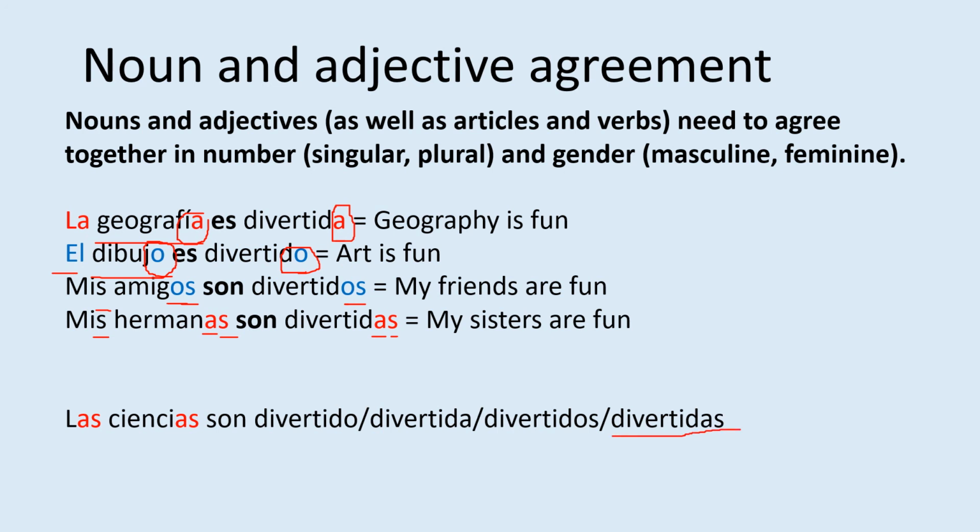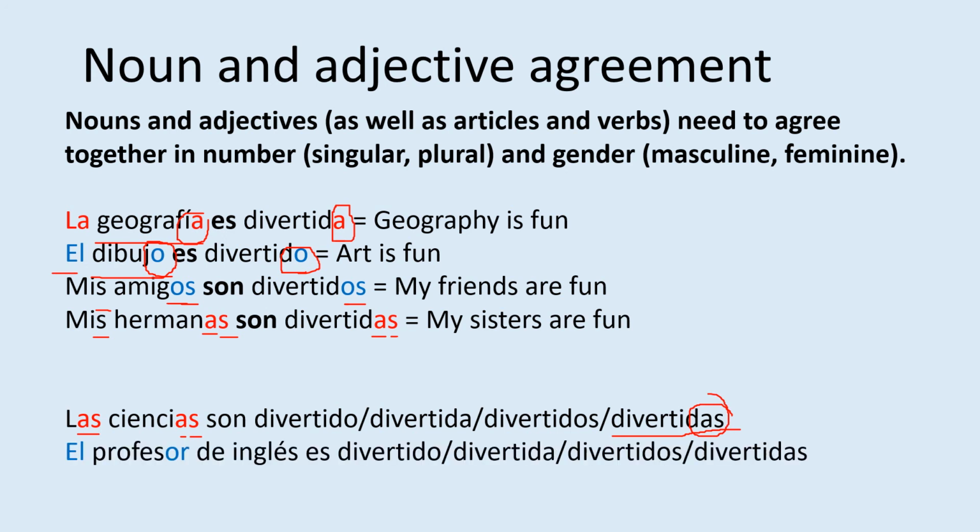As you see, the noun ciencias and las end in A, which means it's feminine, and also S, which means it's plural. And so the ending is for the article. So I need to make sure that the ending of my adjective is also feminine and plural.